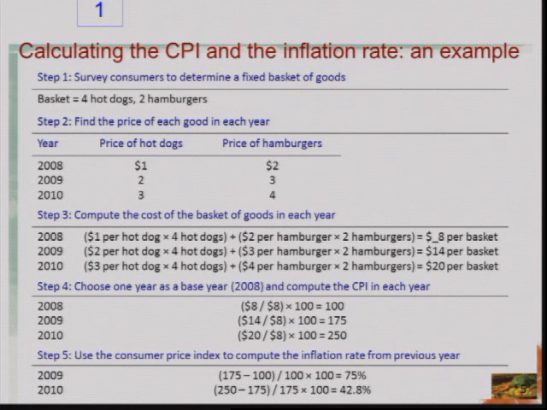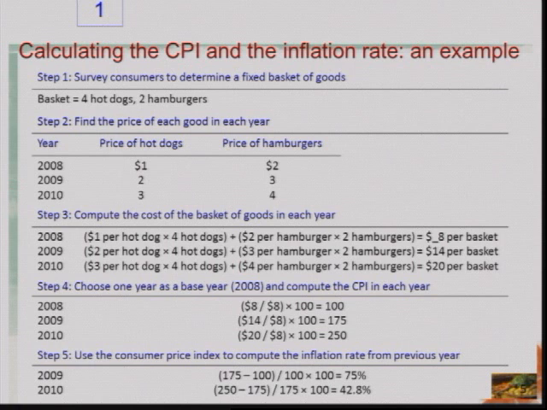In 2009, we're doing the same thing. You're just using 2009 prices. So $2 times 4 hot dogs, and $3 times 2 hamburgers equals $14. Okay. So you do that for each year. So we've got our basket costs here, $8, $14 in 2009, and $20 in 2010.